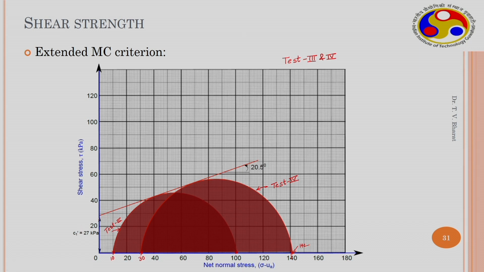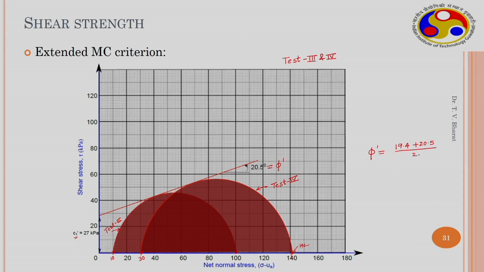Once this failure plane is drawn, the angle of internal friction is 20.5 degrees, and the intercept C1 dash is 27 kilopascal. So, now you have C1 dash and phi dash. Now you can take the average value of phi dash. Earlier you got 19.47, now 20.5.